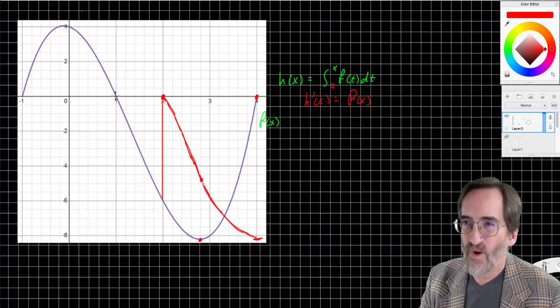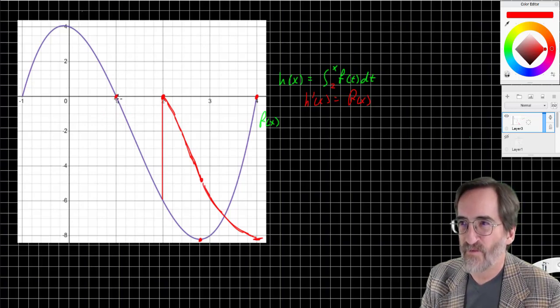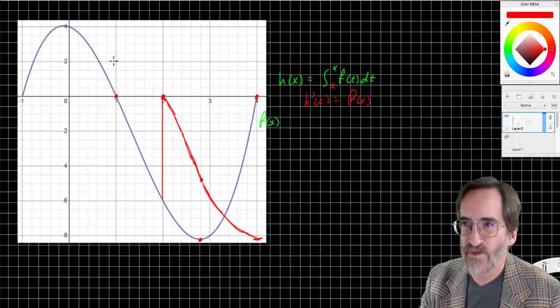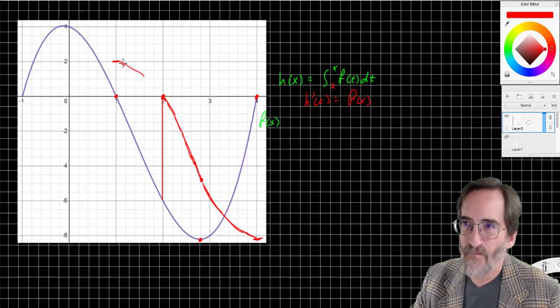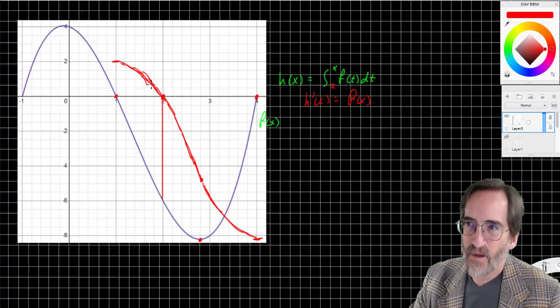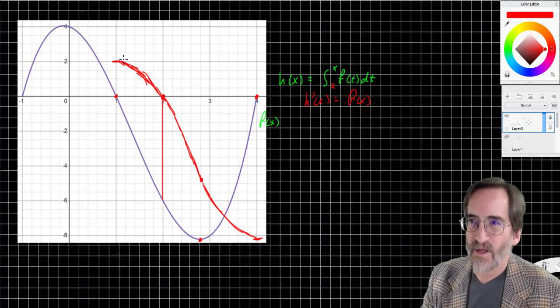We go above the x-axis. And right here, the derivative f of x is 0. So that corresponds to a place where the slope is 0. Slope is 0, right? Okay, so we get something like this. Slope is 0. Okay, again, I don't know the specific values, but I'm just graphing a general idea of the shape.